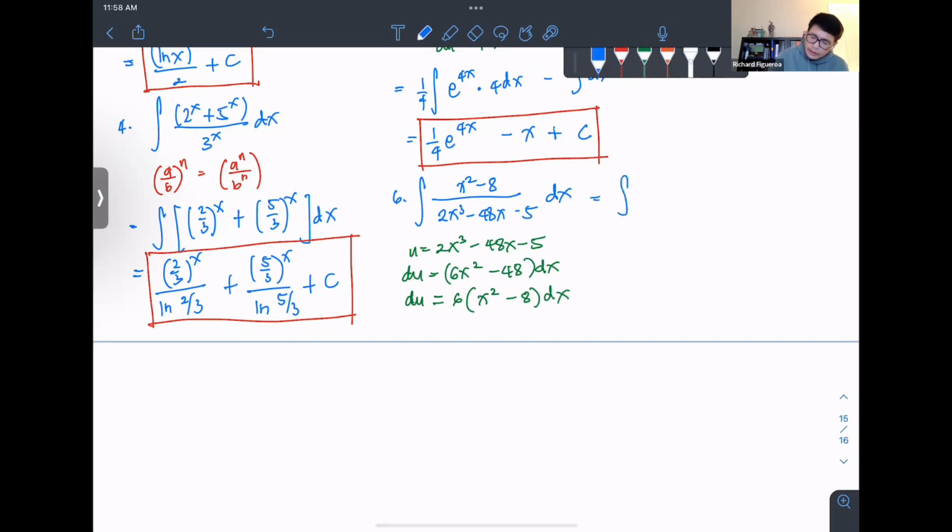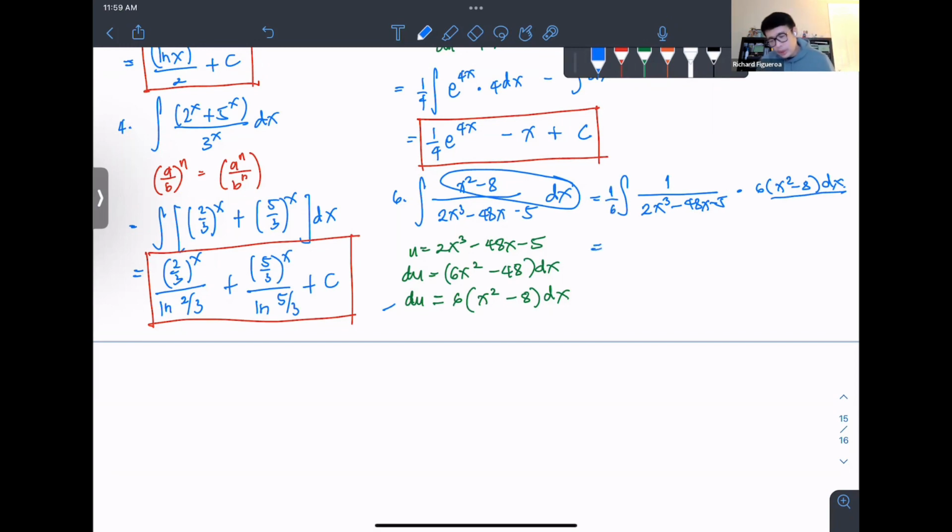So this resembles a natural logarithm. I'll just have 1 all over u, which is 2x cubed minus 48x minus 5, and our du is 6x squared minus 48 dx. But then we are in excess of 6, since this is x squared minus 8 dx. And so we multiply it by 1 over 6.